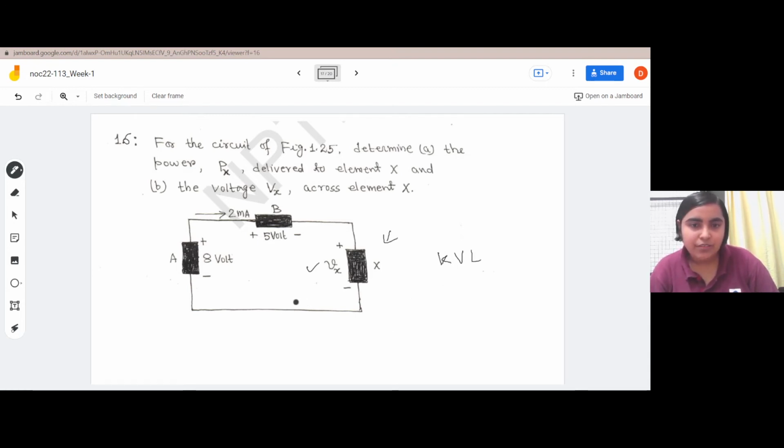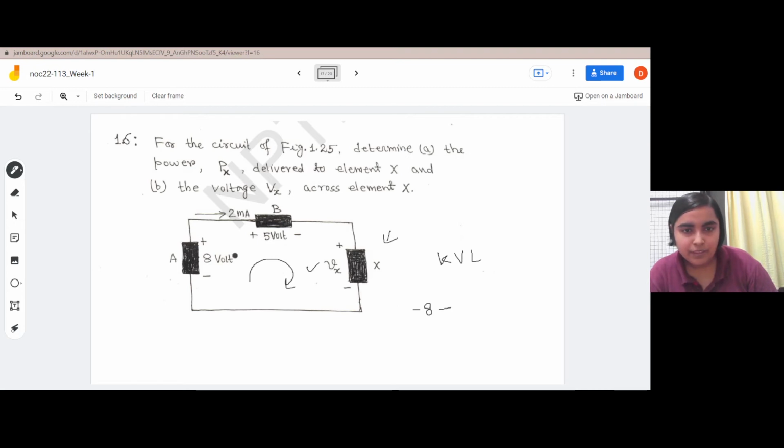So using KVL, since this is just one loop and the current here is given as 2 milliampere, you are entering through the negative terminal of the battery. So it is -8, right?